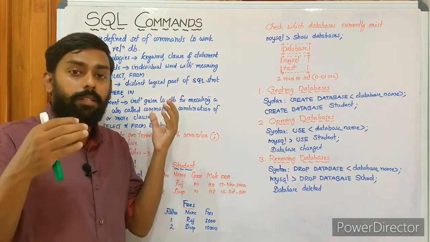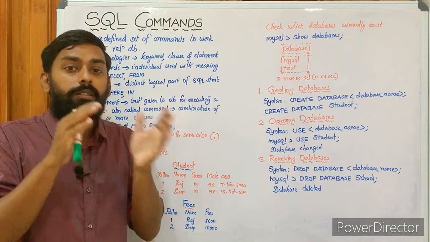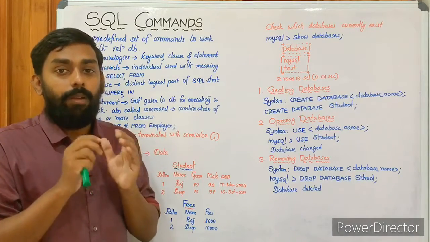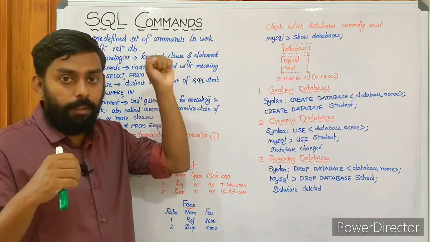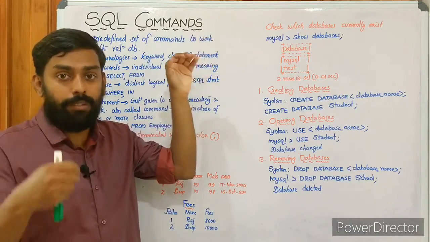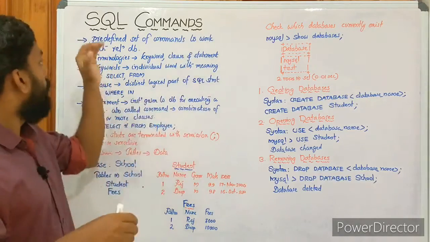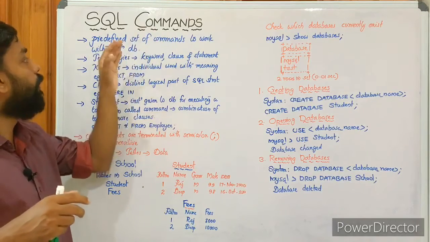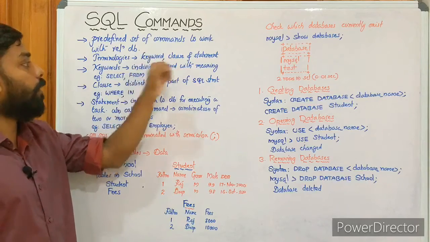Just before implementing the concept, we must know the basic terminologies used at the time of SQL coding: keywords, clauses, commands or statements. Let's look at them one by one. SQL is a predefined set of commands to work with relational databases, and the basic terminologies are keyword, clause, and statement.